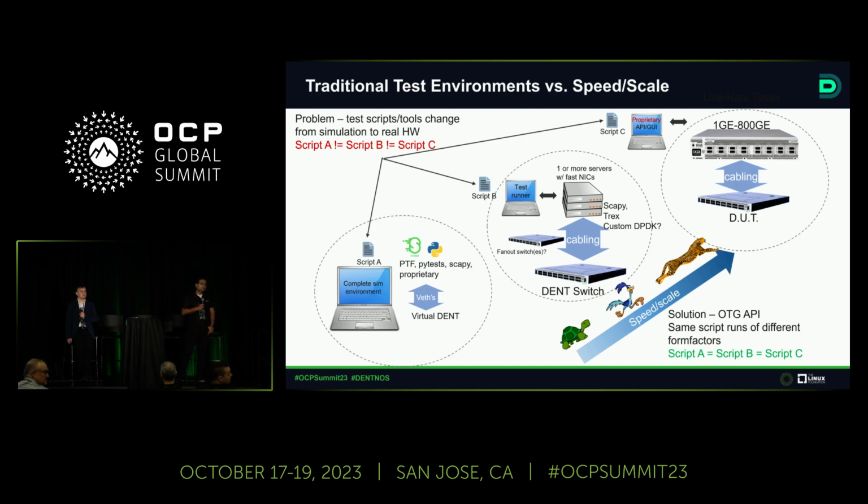Do you have any performance numbers, or what's the hardware requirement to run OTG? Yes, we have definitely measured that. Performance-wise, it's doing much better than our previous generation. We have leaned out the implementations, left out a lot of things, and made sure that we are optimizing the implementation.